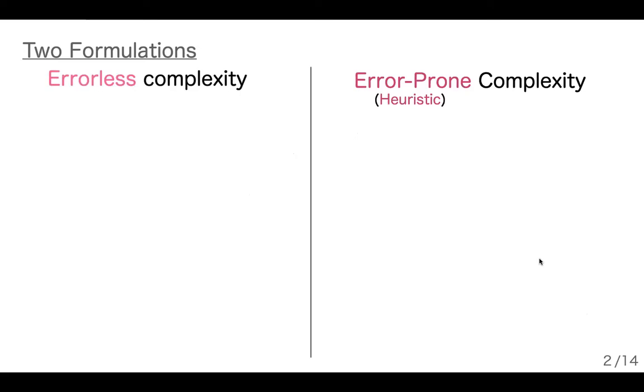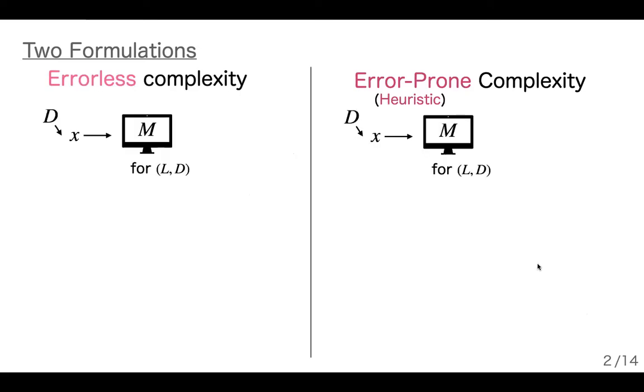In both models, almost all parts are the same. Some instance is selected according to some distribution D, and the algorithm needs to output a correct answer with high probability. The difference is the condition for hard instances. In errorless complexity, the algorithm needs to output a special symbol bot for such hard instances, which represents that the given instance is really hard, so I cannot solve it.